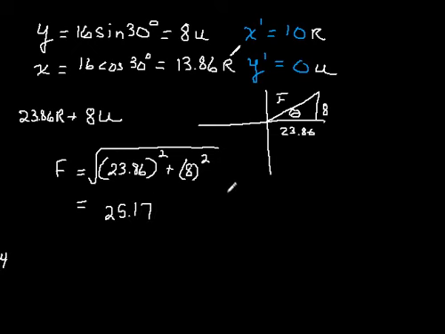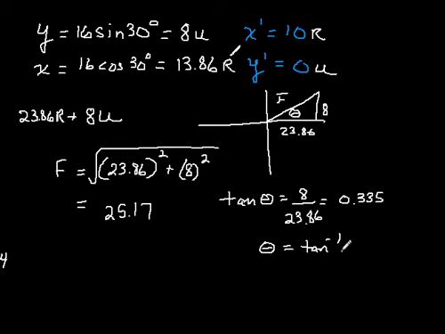And then to find theta, we say the tangent of theta equals opposite over adjacent, and that would equal 0.335, and our inverse tangent of 0.335 gives us our degree, which is 18.54 degrees. And since we're going from here up to here, we don't have to add or subtract it from 180 or anything. We just write it in polar form.